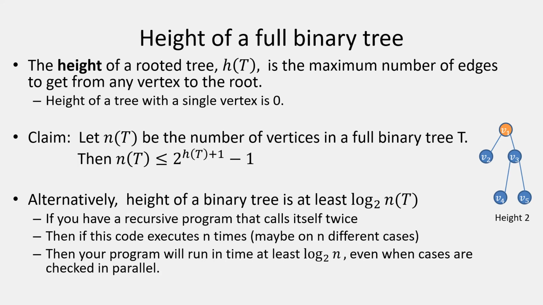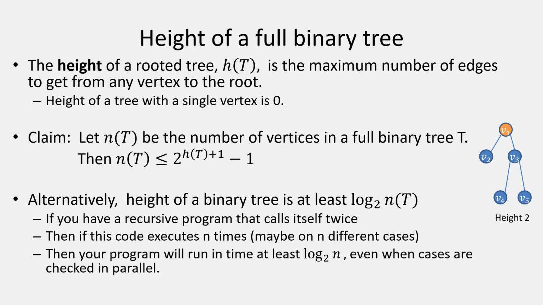It can be fewer, it cannot be more than that. Or another way to say it is if you have a full binary tree with n(T) vertices, then its height cannot be more than log of the number of vertices.